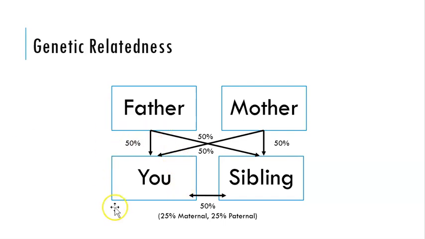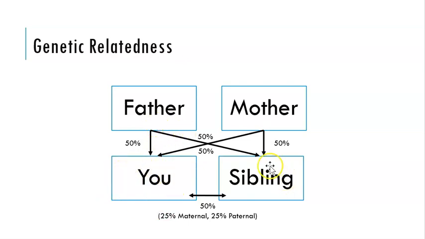If this is you, what you can guarantee is that 50% of your genetic makeup comes from your dad, and 50% comes from your mom. That's that line there, okay? So you are 50% mom and 50% dad.